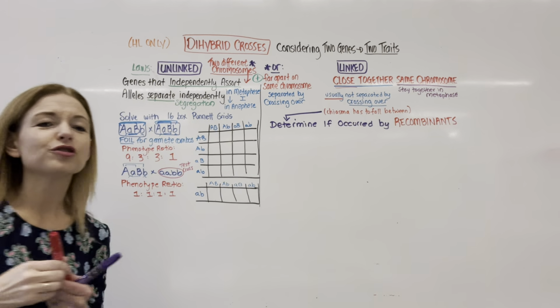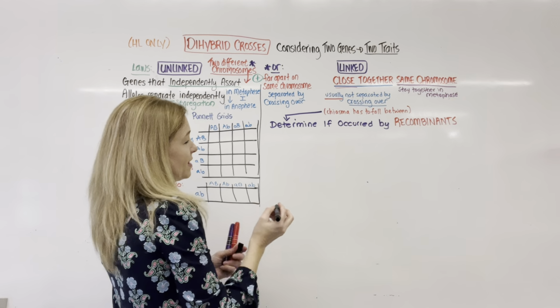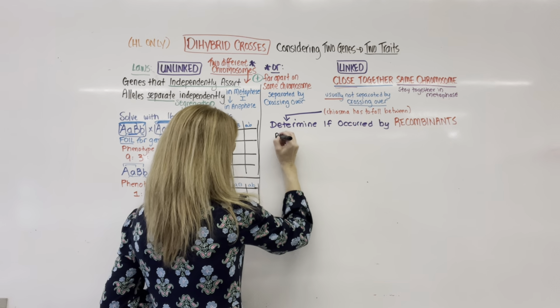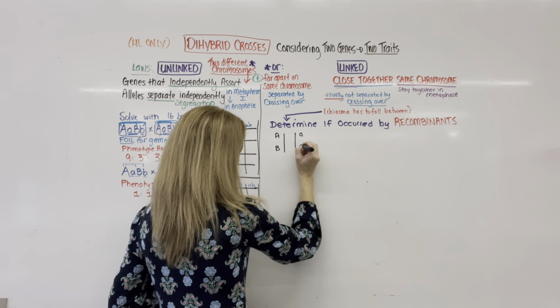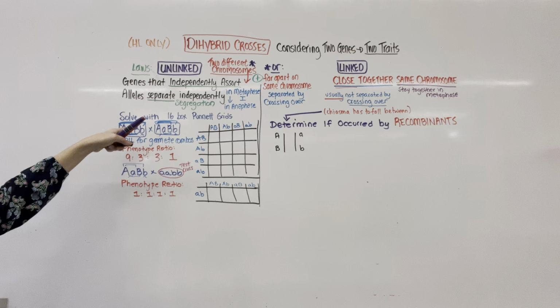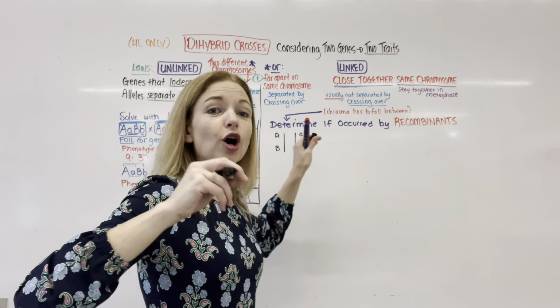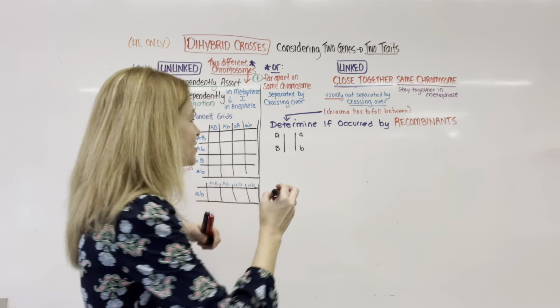Okay, so if we are doing this with recombinants, first of all, we want to look at how we would write this. So this time, we would write it this way instead. That's actually showing these were on one chromatid, or chromosome, and this was on the other homologous chromosome.